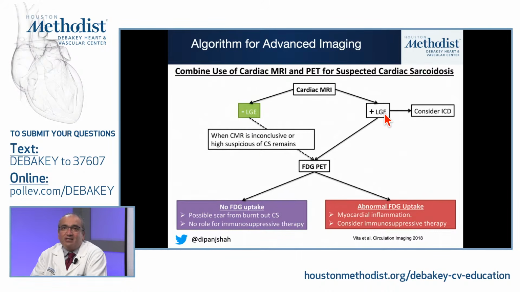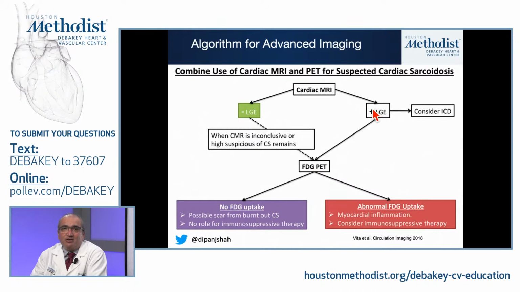And if that's present, then maybe these are patients we would think about considering for ICD, since these patients may have a high arrhythmic risk. On the flip side, if the LGE is negative, then you may be able to exclude cardiac sarcoid unless there's a high index of suspicion, in which case there may be a role for proceeding on to cardiac PET.